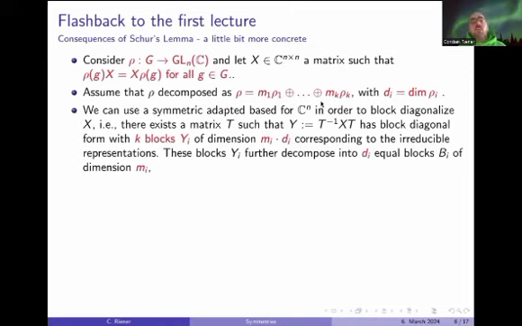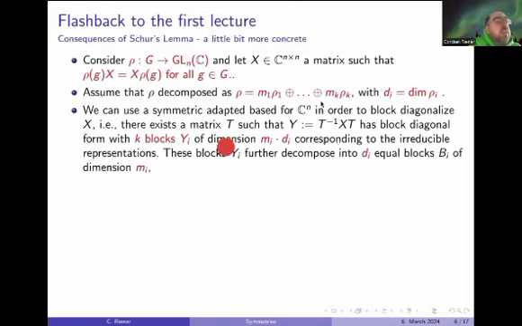Okay, so what we can then deduce from Schur's lemma, and in particular just by generalizing the arguments that we used to prove the second part of Schur's lemma, is that we can actually find a so-called symmetry adapted basis for my vector space, which is Cn in this case, which block diagonalizes the matrix X. Okay, so block diagonal, we'll see in a moment again what this means.